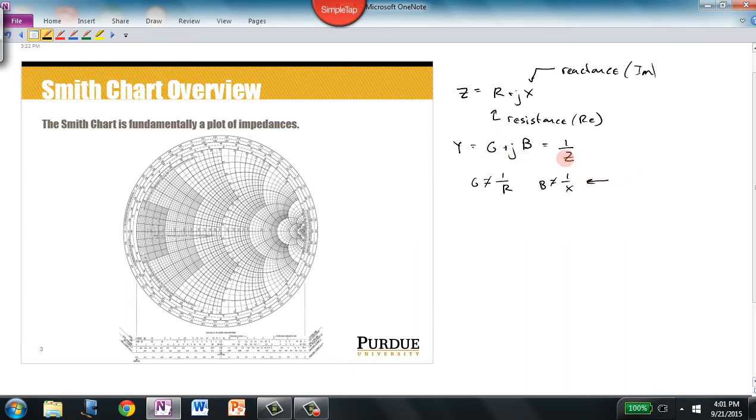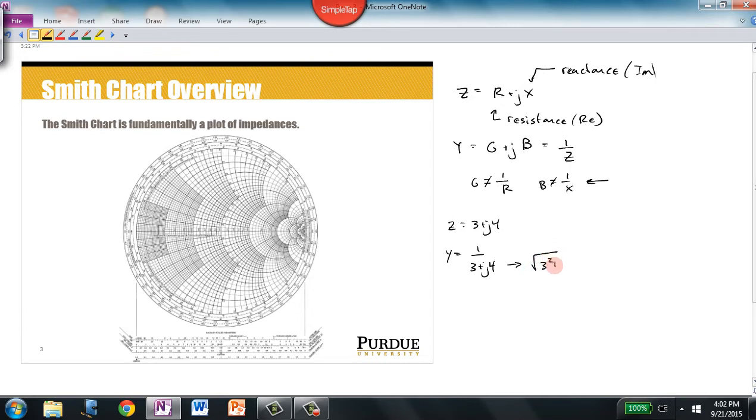We have to use complex math to solve for the values of G and B. A little bit of an aside. As an example, let's say Z equals 3 plus J4. So Y would just be 1 over 3 plus J4. To do that math by hand, you need to convert 3 plus J4 into a magnitude and an angle, and we've shown how to do that now.